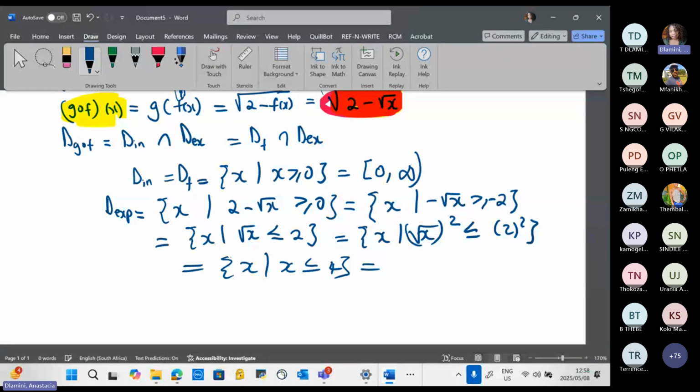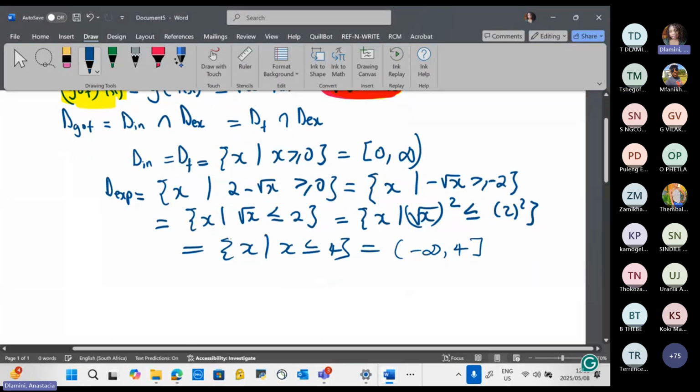What is the interval notation for that? Positive infinity, 4 to positive infinity. No. Negative infinity to 4. Thank you. Now that we have the inner function and the outer function, what is the intersection?